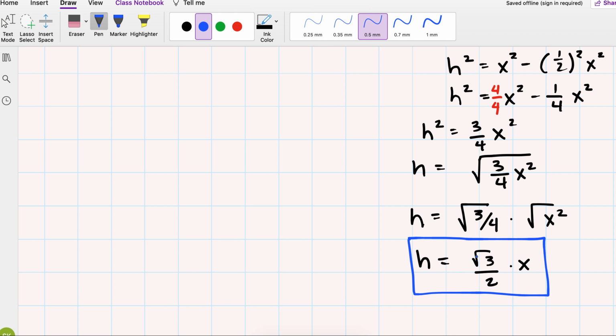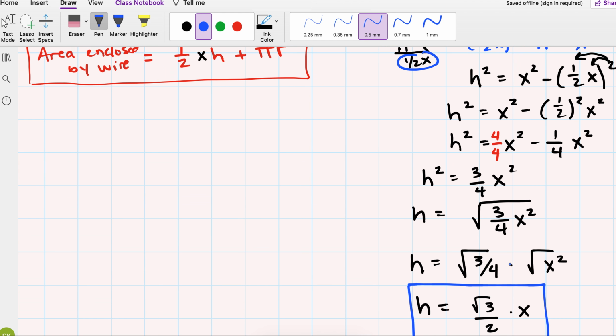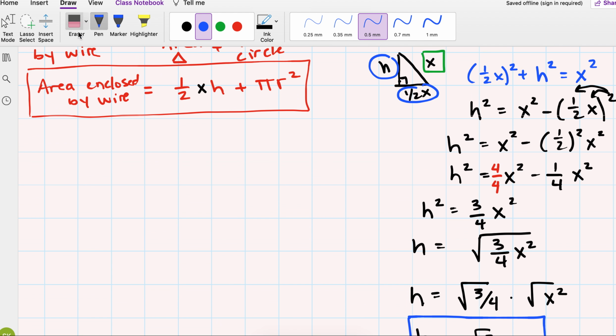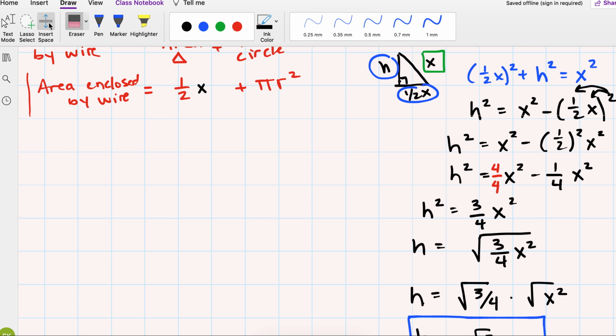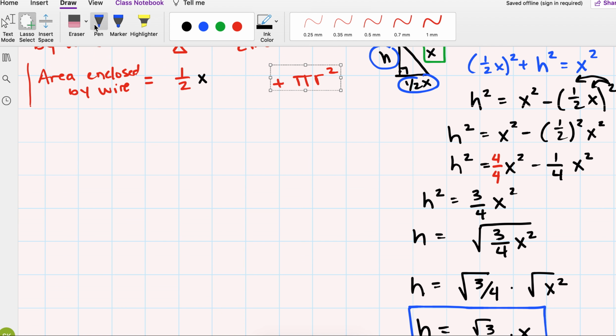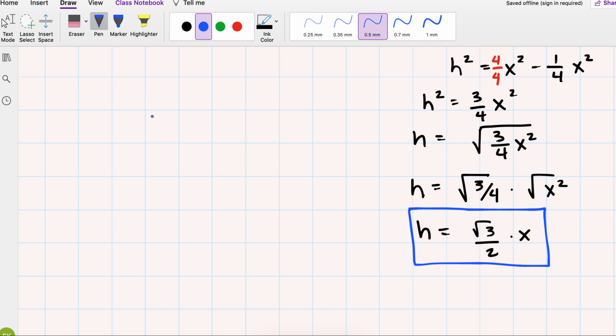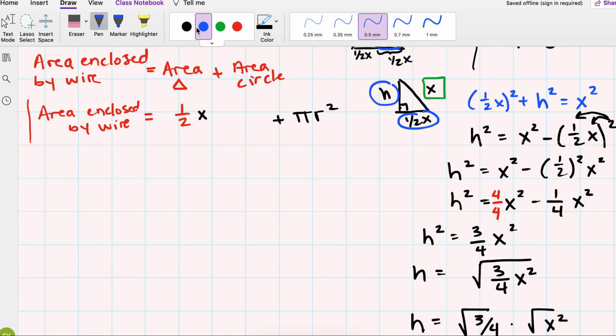height of our triangle. So I'm going to erase this h, and instead of h, I'm going to put root 3 over 2 x, because here was b, here was h.